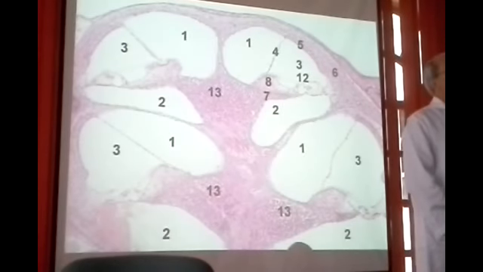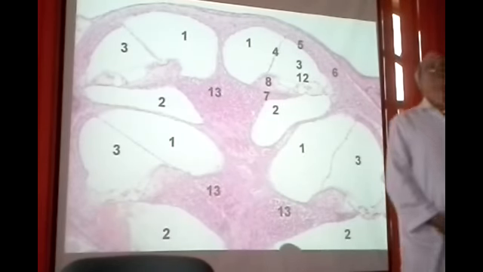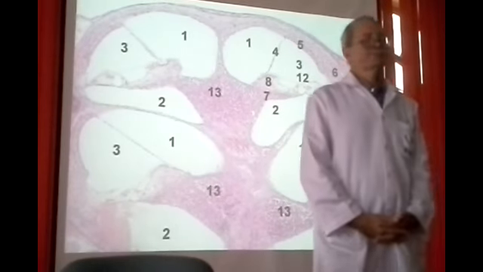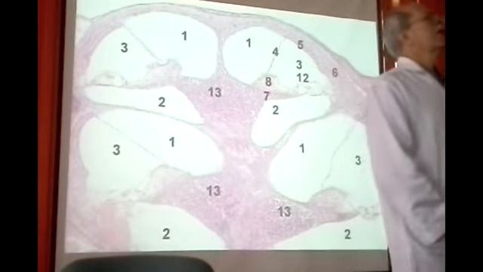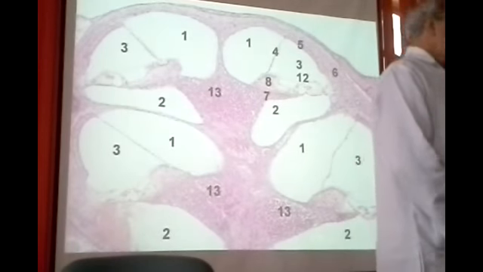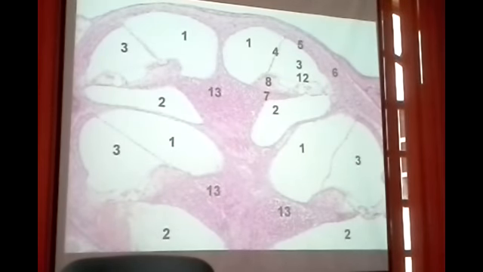The utricle and the saccule. What is present inside the cochlea? The cochlear duct. What is present inside each semicircular canal? The semicircular duct. The space between the sacs, or the duct, and the wall contains perilymph, while inside the sacs or the duct is endolymph.